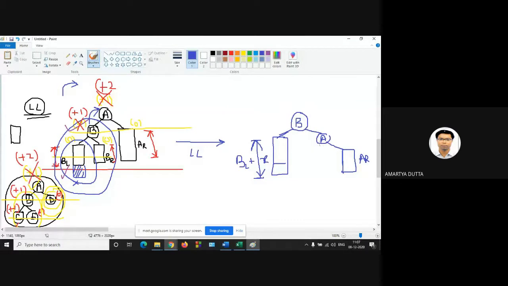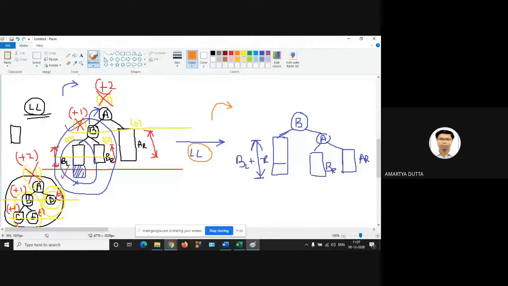Okay, and this is your BR. Obviously this rotation follows the binary search tree properties. So this type of rotation is called the LL rotation, the left-left rotation.